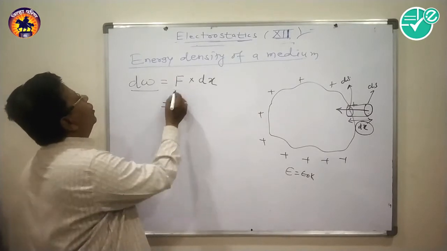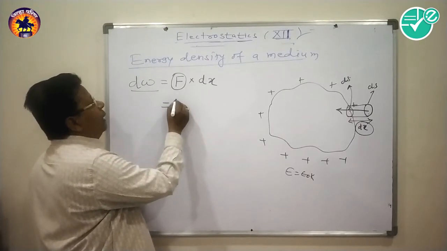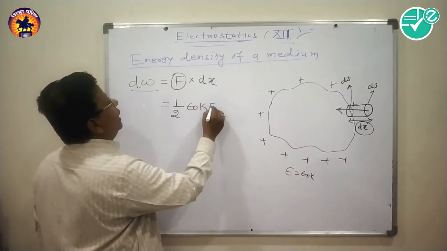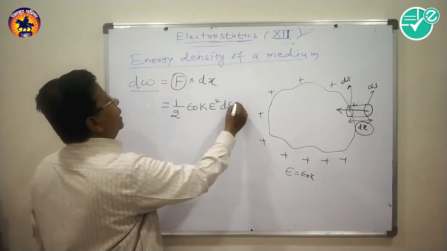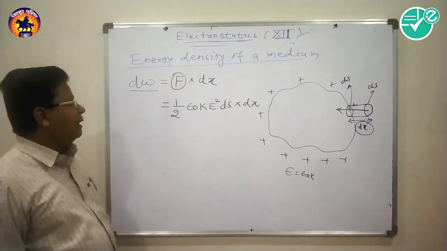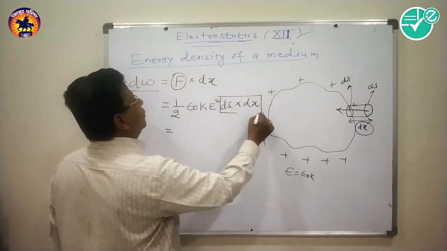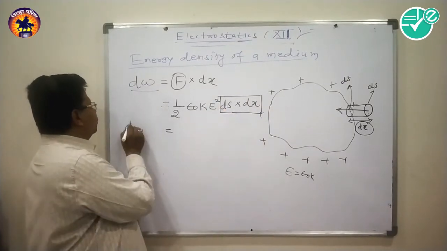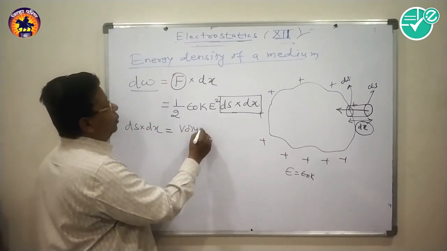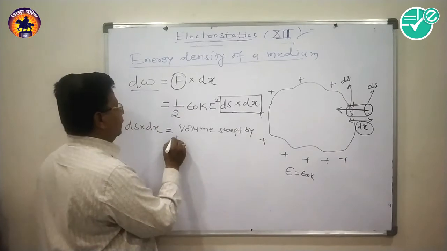And again we know the value of the mechanical force acting on area ds is 1 by 2 epsilon 0 K E square into ds, multiplied by the displacement dx. So this ds multiplied by dx is nothing but the volume swept by the conductor.